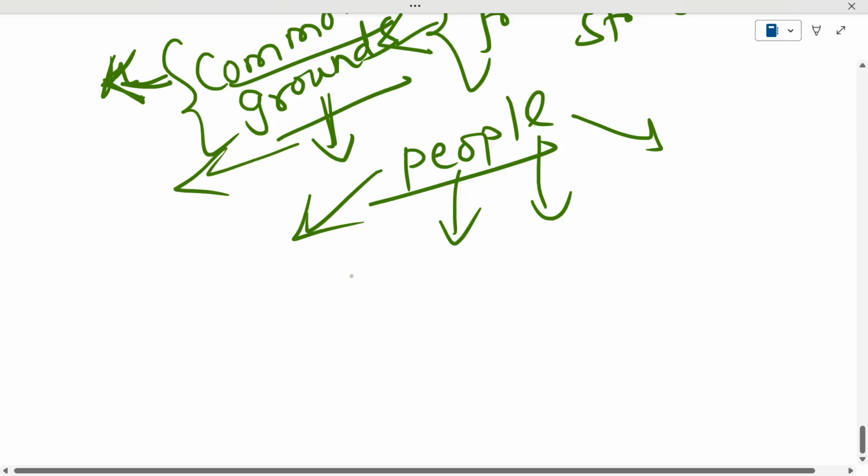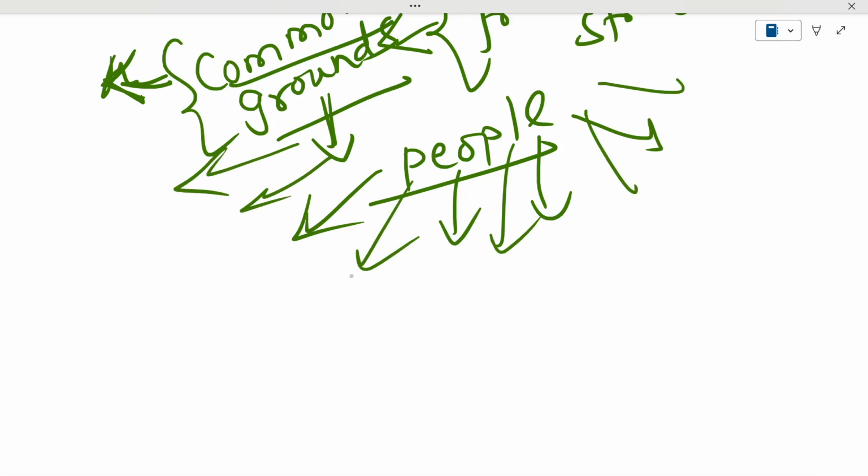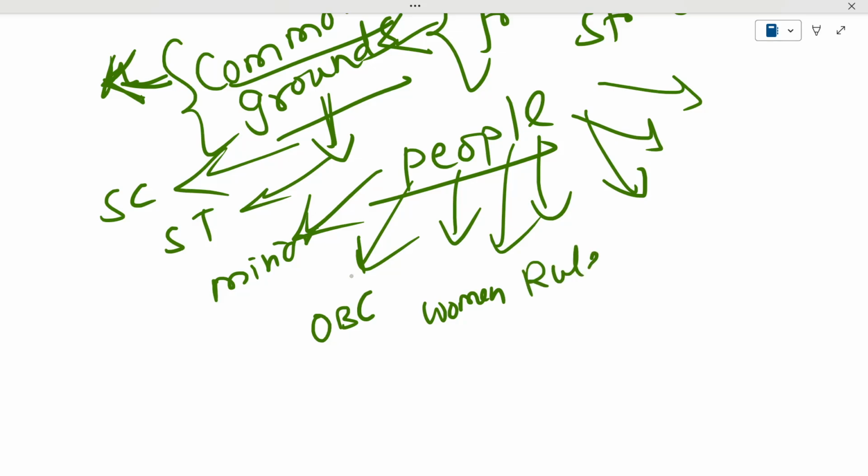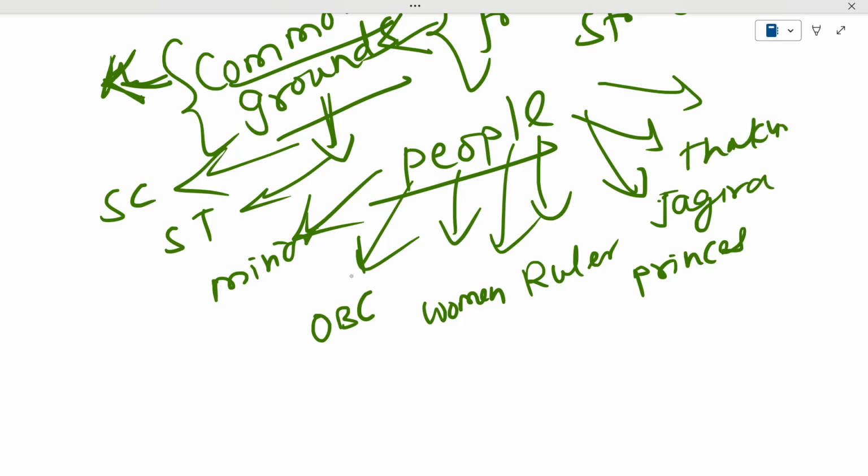Let me take into account the diversity that was present at that time to help you understand this situation clearly. There were SCs, STs, minority religions, OBCs, women, rulers, princes, jagirdars, thakurs, village kotwals. So such was the diversity of people at that time.